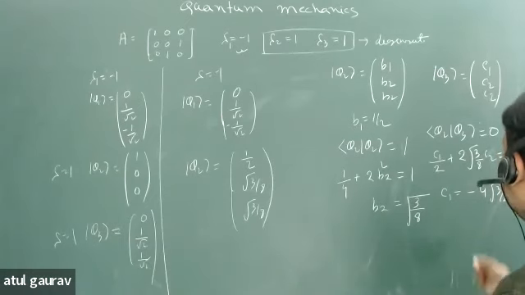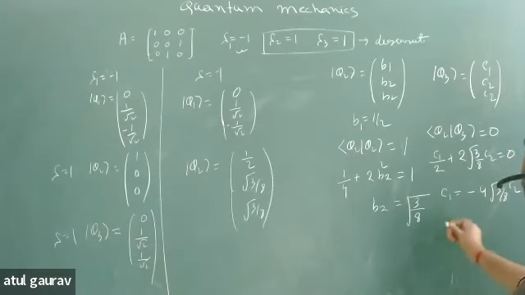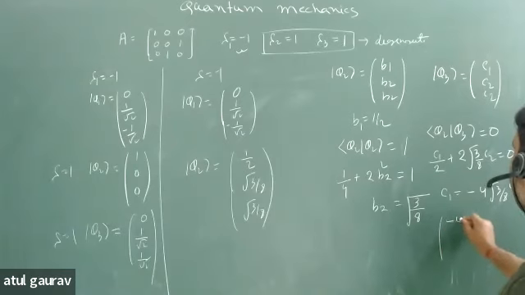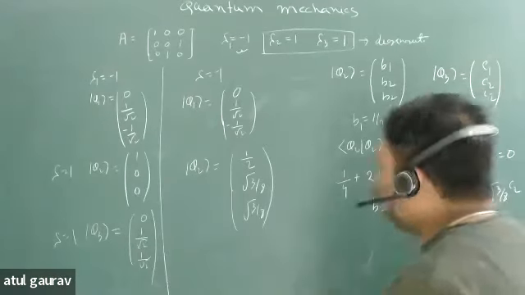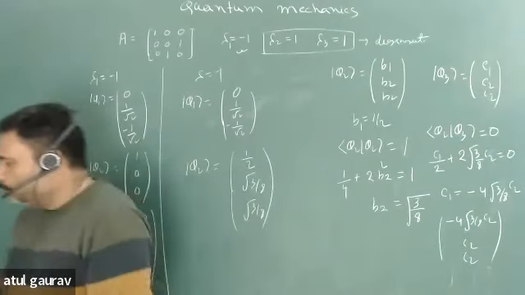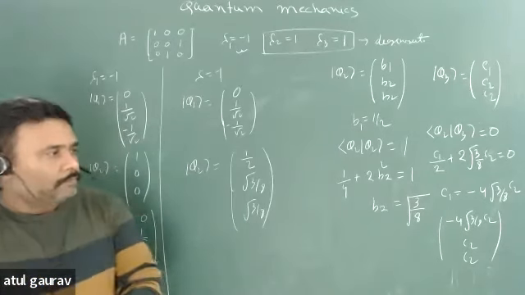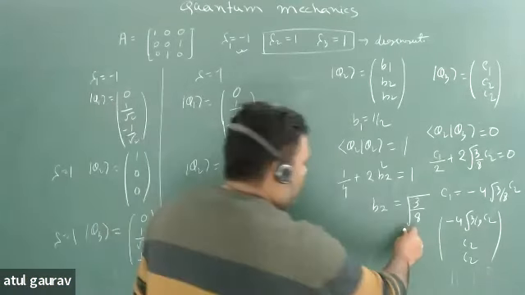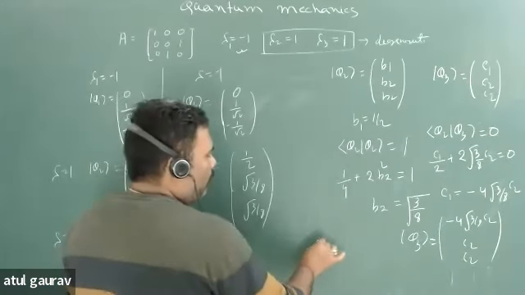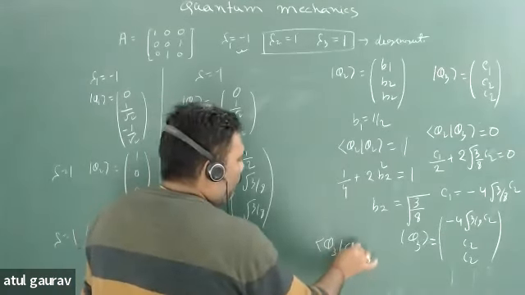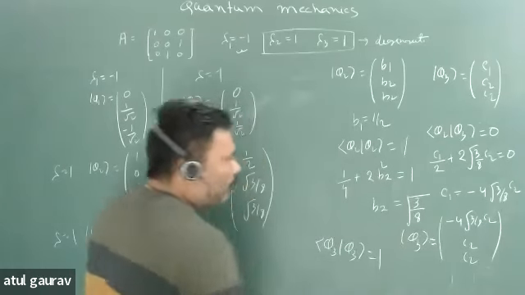And now you can put all this value. So you have minus 4 root 3 by 8 C2, C2 and C2. And how will you get the value of C2? By the normalization condition. So this is my phi 3. Normalization is not the issue, the issue is actually orthogonality. And phi 3 norm must be equal to 1.